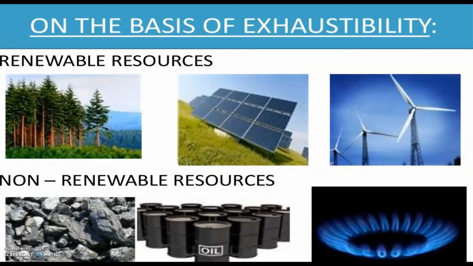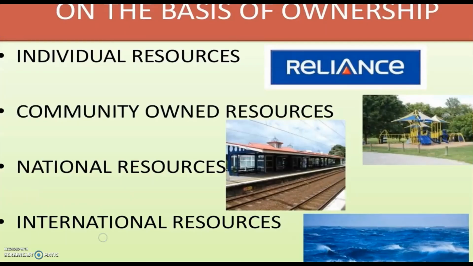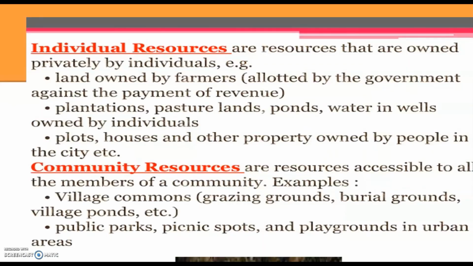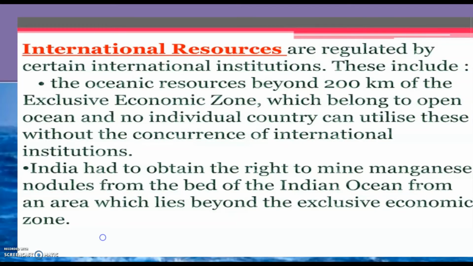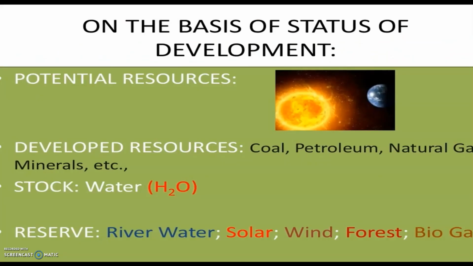Then on the basis of exhaustibility, renewable and non-renewable resources. Then on the basis of ownership, individual resources, community-owned resources, national resources, international resources. Then on the basis of the status of development, potential resources, developed resources, stock and reserve.